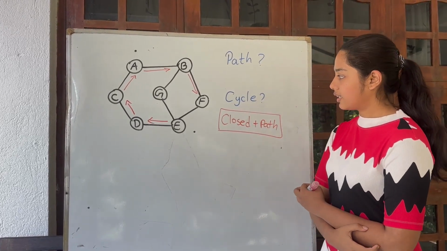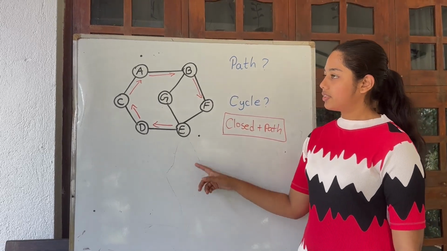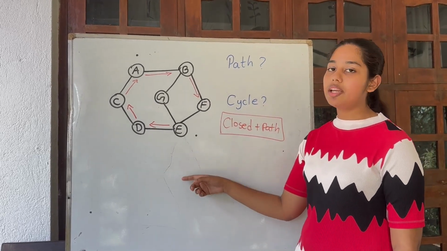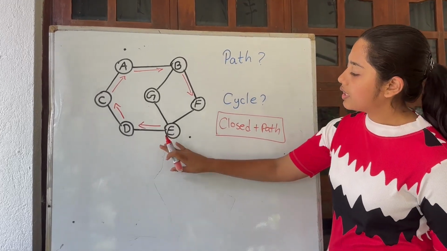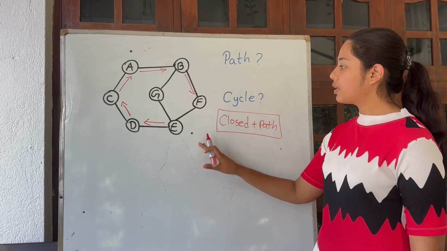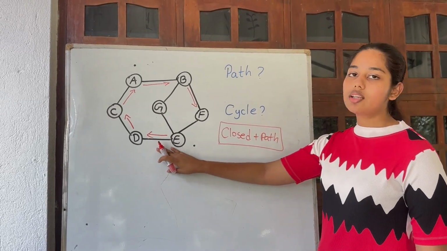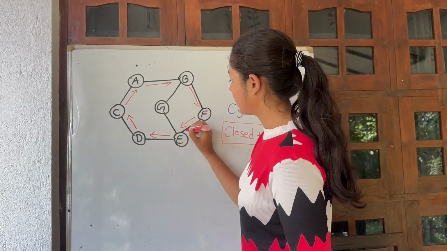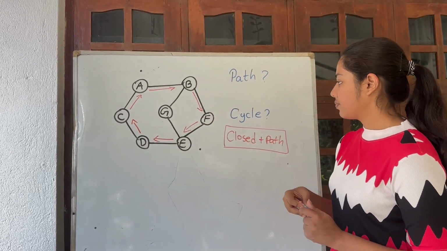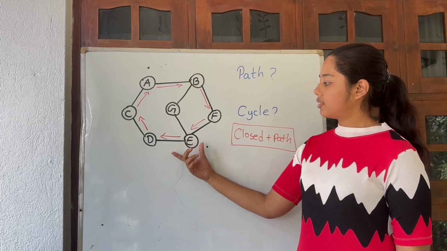So in a cycle, the starting vertex can be repeated as the ending node. So here, this is not a cycle because this is not a closed walk. So we have to go to the vertex E. Now this is a cycle.